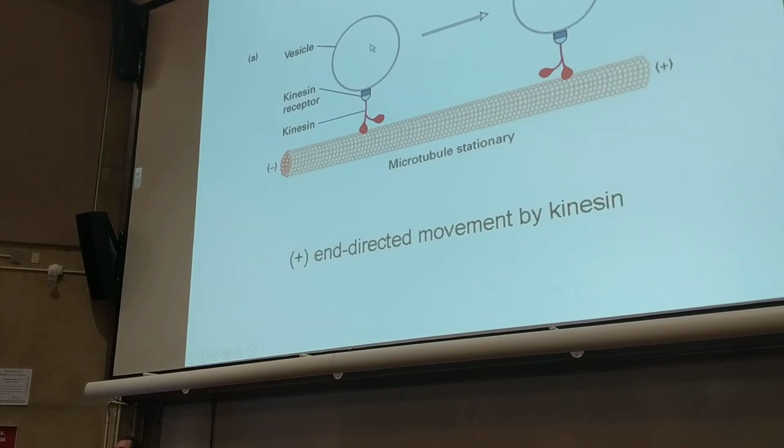So the vesicle with the cargo walks along the microtubule. It's not like it swims within the cytosol. It walks along the microtubules. And it goes from the minus end to the plus end, for example, in this case.